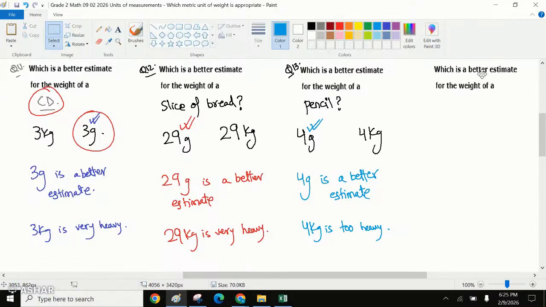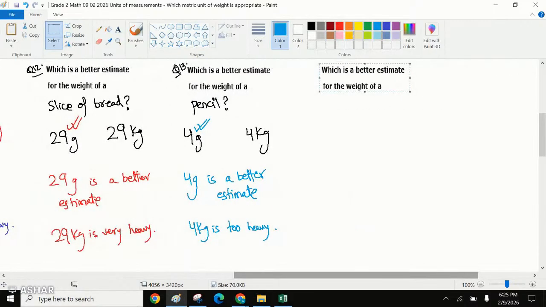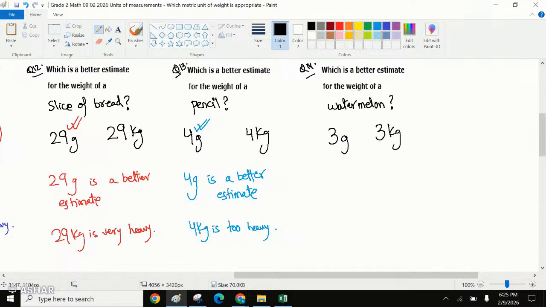The next one, they give us a watermelon. Okay. So question number 14 says, weight of a watermelon. So the weight of a watermelon could be 3 grams or 3 kilograms.